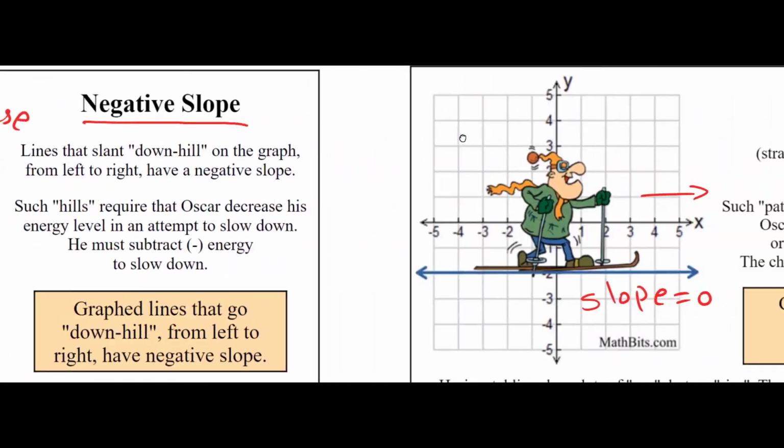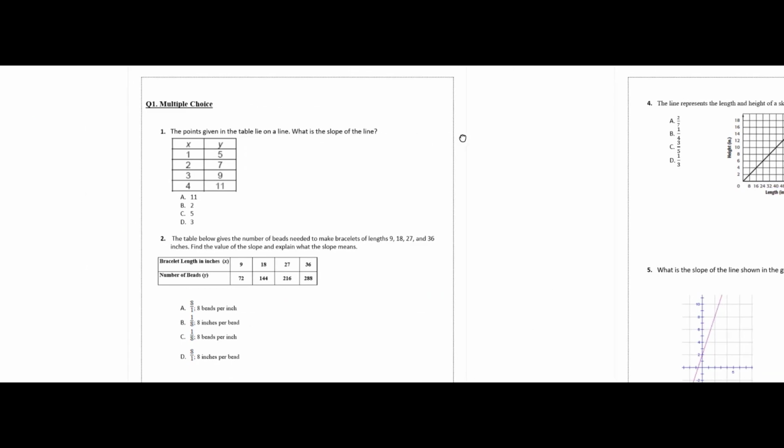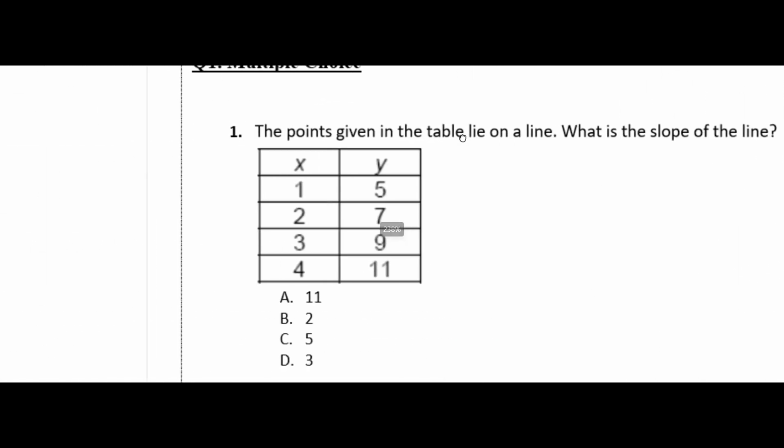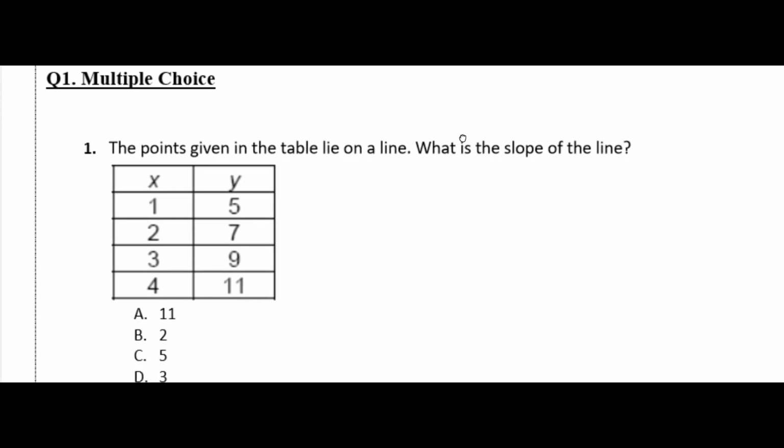Okay, back to, we have some exercise here. We can do it. Multiple choice question. It says, the points given in the table lie on the line. What is the slope of the line? He gives you a table with x and y, changing every time, and if I ask you to find the slope of the line, first we write the rule.